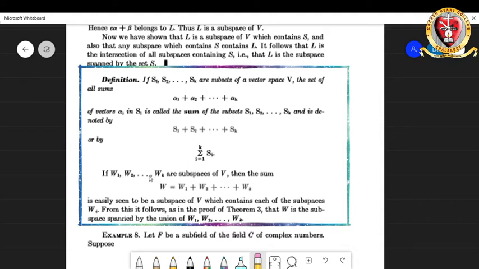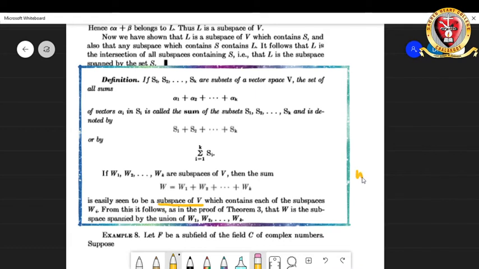Similarly, if W1, W2, etc., Wk are subspaces of V, the sum W equals W1 plus W2 plus etc. plus Wk, and we can prove that it is a subspace of V which contains each of the subspaces Wi.